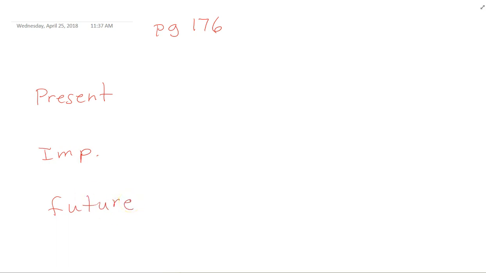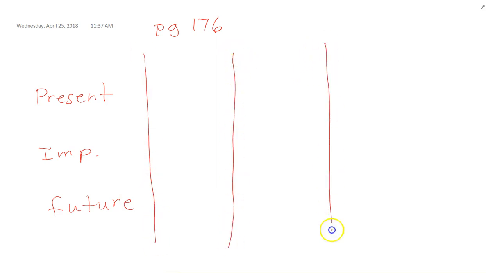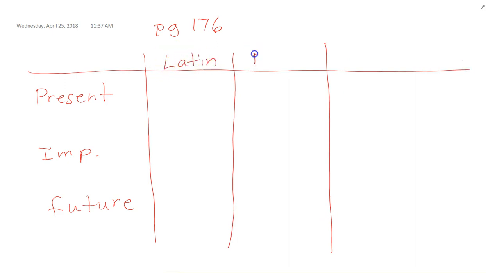I want you to look at the parts of the chart, and then we're just going to read it off the chart. So I'm expecting that you are on page 176 before you go further. This is the Latin word. This is the English tense, the English time, and this is the English translation, English form, what it looks like in English.